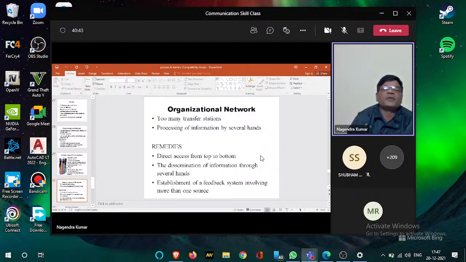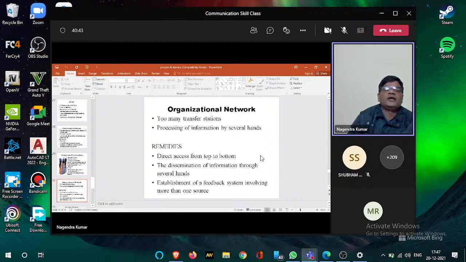But of late, they have developed a central complaint system, whether the complaints are related to civil or whatever. You don't have to worry about that.